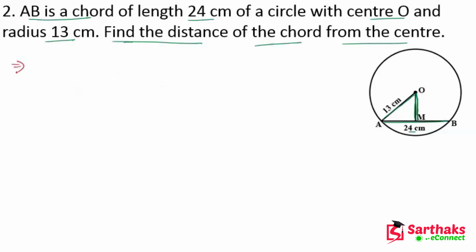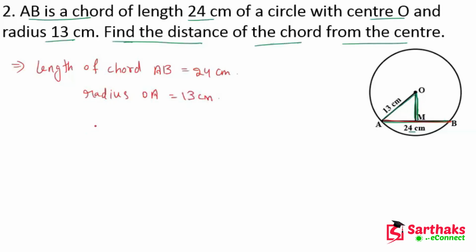Here we have the length of chord AB, which is 24 centimeter, and radius OA, which is equal to 13 centimeter.